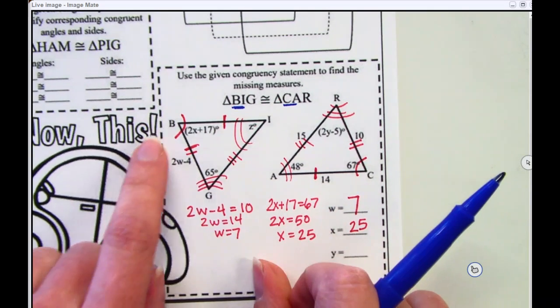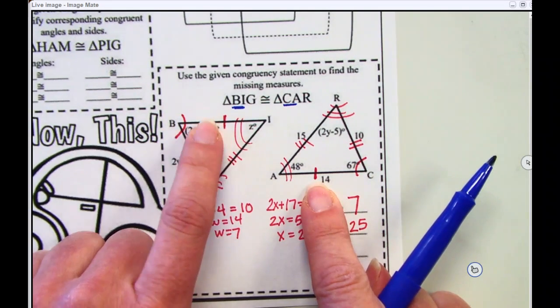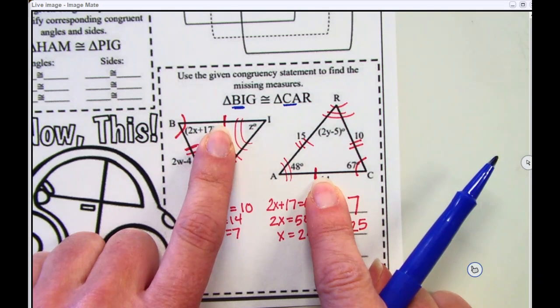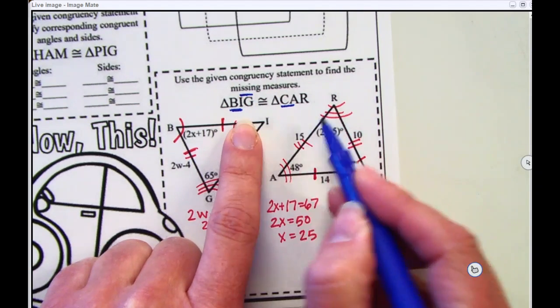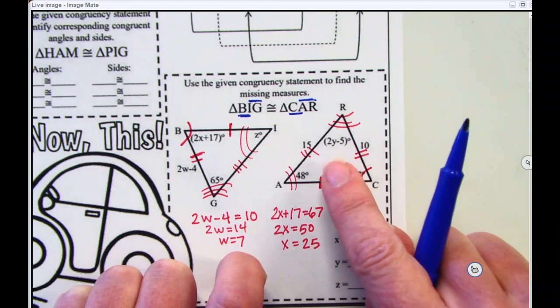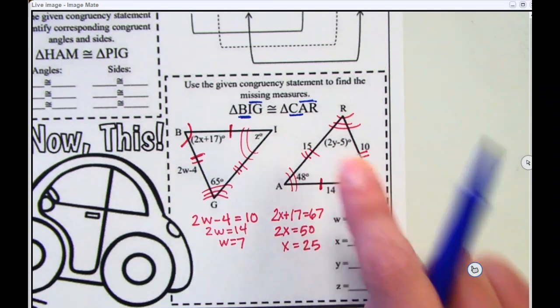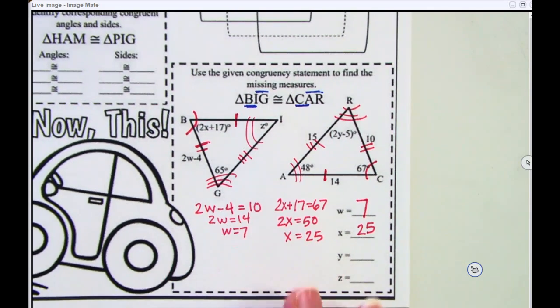So I found BI, and I found CA. And I put those little tick marks just to tell me that those are the sides that have the same measure. They're congruent. And then I continued. I looked at IG, and I looked at AR. Oh. Okay, so that's the whole reason the order on those matter. Okay, does that help you a little bit?